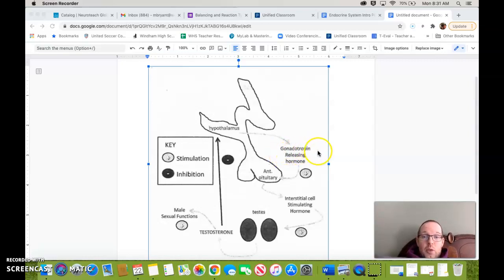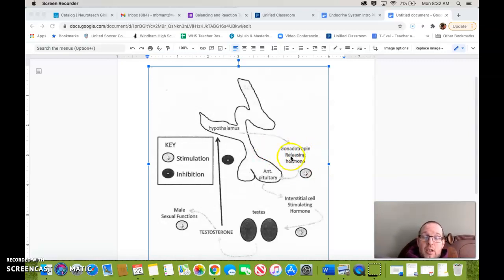And if we break down this word gonadotropin, the gonads refer to the sex organs, the organs that release sex hormones, estrogen and progesterone for females from the ovaries, and testosterone for males from the testes. And tropin refers to a tropic hormone.